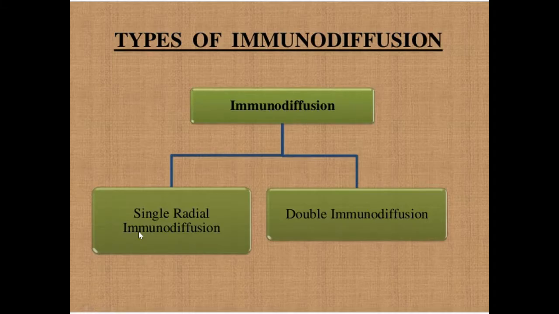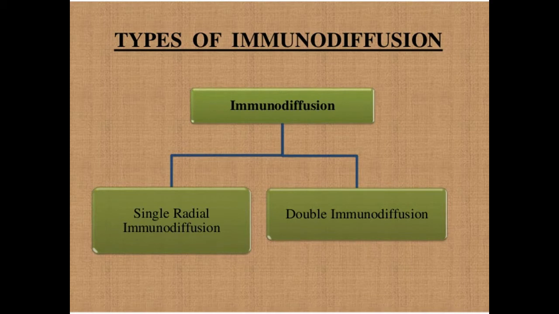Now let us look at the types of immunodiffusion. We classify immunodiffusion into two types: single immunodiffusion and double immunodiffusion. Single diffusion comes in two ways: single diffusion in one dimension and single diffusion in two dimensions. Likewise, double diffusion in one dimension and double diffusion in two dimensions.